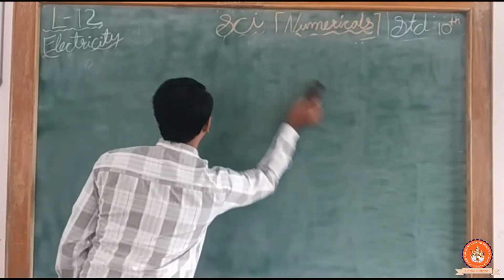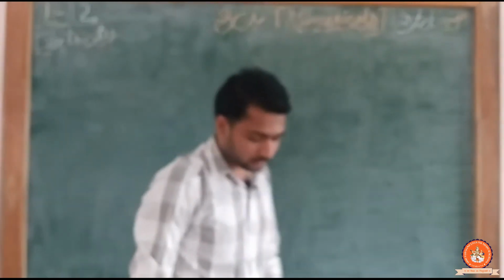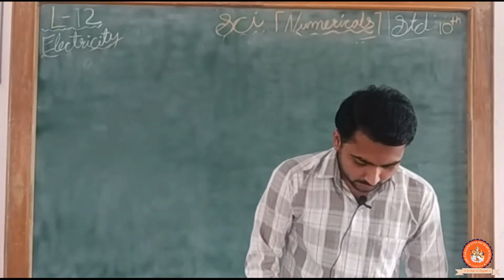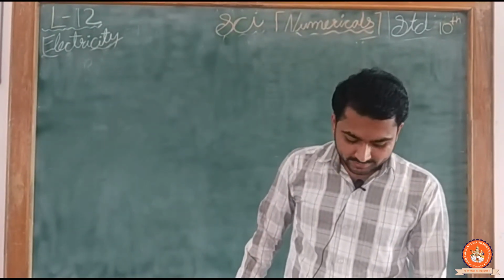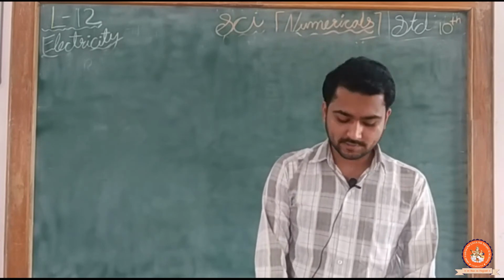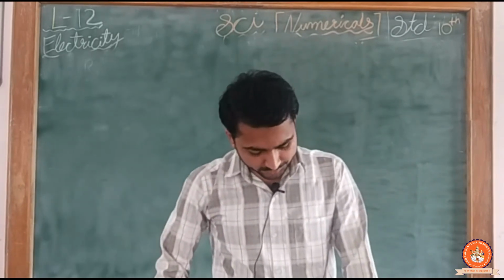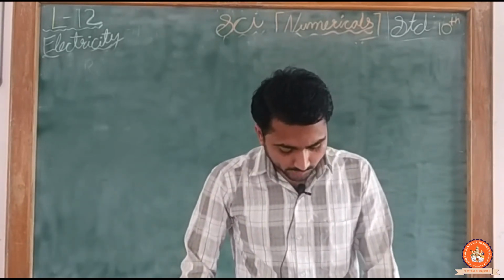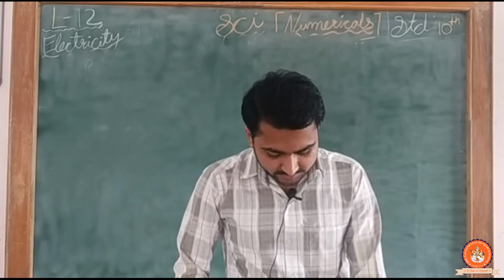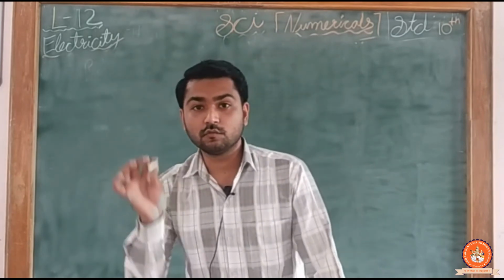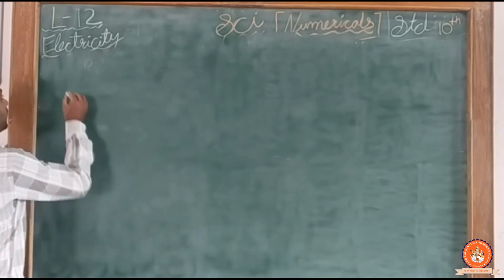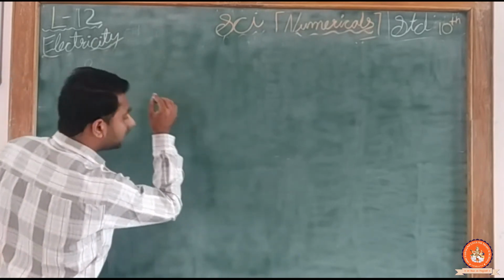Now coming on to Example 12.10 on page number 217. Read the question from the book. An electric iron consumes energy at the rate of 840 watt. So they give us what? Question number 10.